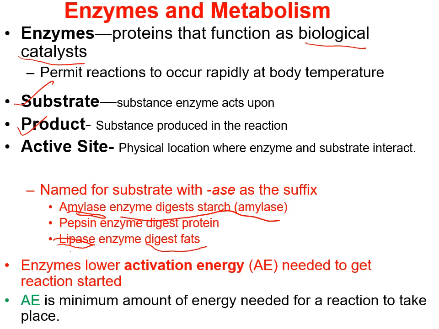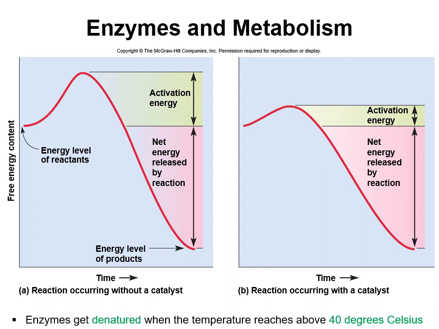So each enzyme is specific to its substrate, and they act by lowering the activation energy. So activation energy is basically the minimum amount of energy you require to initiate a chemical reaction. So this graph shows the lowering of activation energy in presence of the enzyme. So this is an example of a reactant, something that needs to be converted to another form.